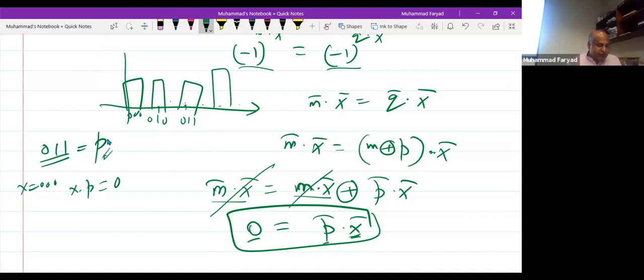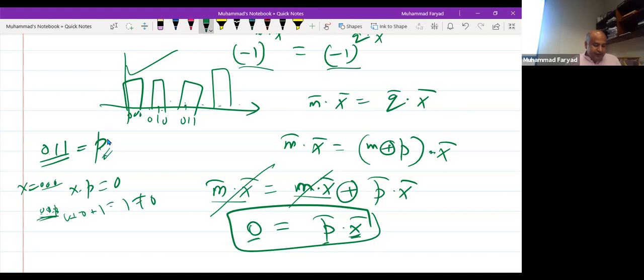Whatever P is, the 000 state will always be present in the output, because its dot product with P is always 0. So let's check 001. 001 into 011 will give me 0 into 0, 0 into 1 plus 1 into 1, which is 1, not equal to 0. So this 001 state will not appear in the output if the secret bit string is P.